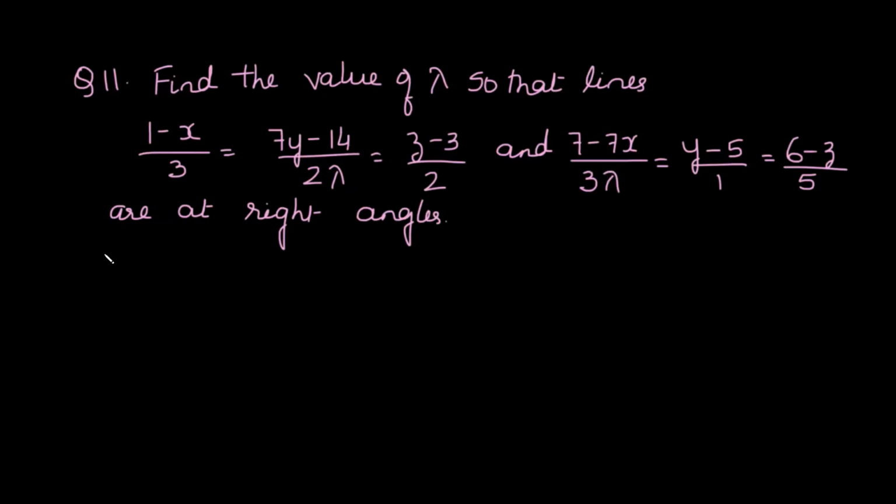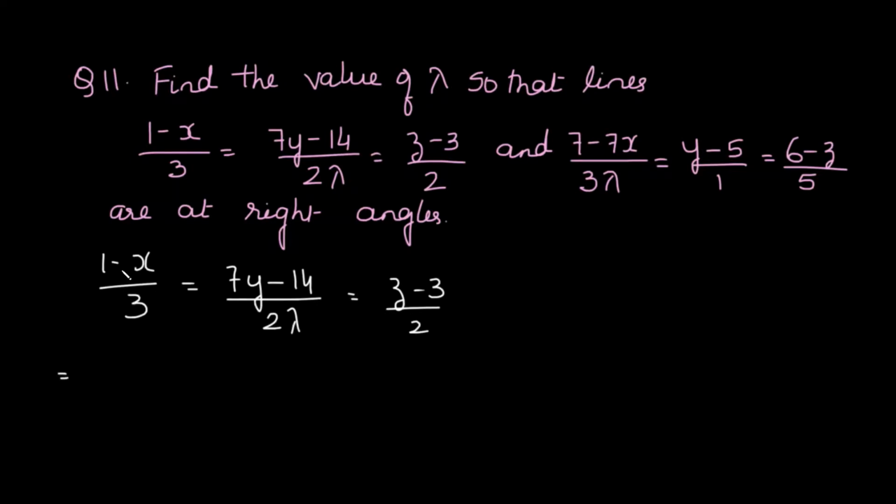So for the first line, (1 minus x) upon 3 is equal to (7y minus 14) upon 2 lambda is equal to (z minus 3) upon 2. We will attempt to write this line in the standard form, that is (x minus x1) upon a is equal to (y minus y1) upon b is equal to (z minus z1) upon c. For this purpose, we interchange the positions and also change the signs so that the first expression becomes (x minus 1) upon minus 3.